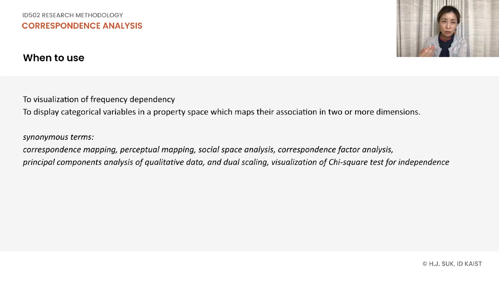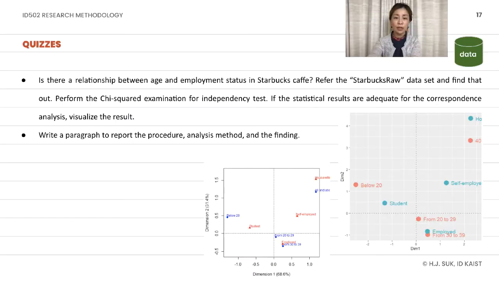Which means before you make the chart, you should make sure whether the chi-squared test of these two variables is statistically significant, which means a meaningful association between two variables. And the variables should have been nominally measured, so the frequency data should be the base for this chi-square test. Then if it is statistically significant, you can consider applying the correspondence analysis for visualization.